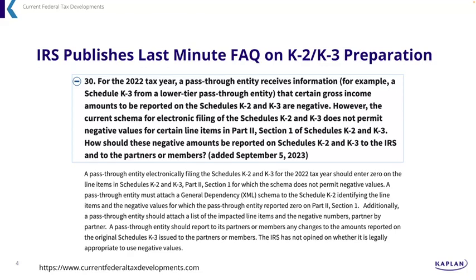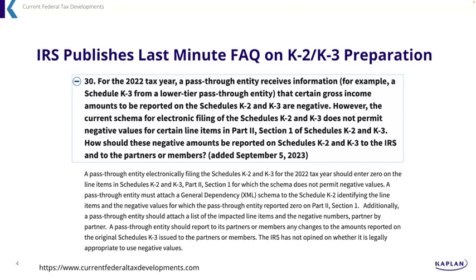And I have to assume that there are some partnerships out there that perhaps insisted on having a negative entry in that block. And apparently, I would assume those partnerships that did that, and that may have issued K2s and K3s to various partners that were negative, either paper filed the return itself or treated the K2 and K3 somehow as an attachment to the regular partnership return and filed that way, but didn't use their own, because otherwise it seems like they would have had the same problem, but apparently they didn't.